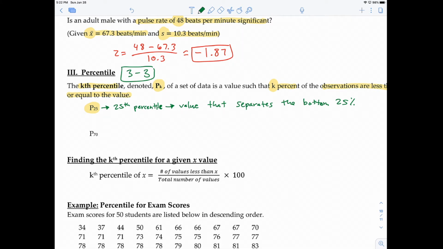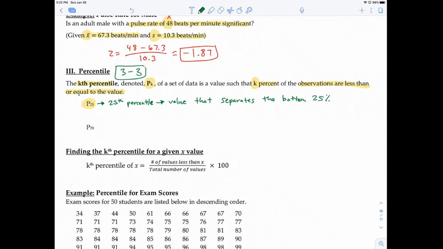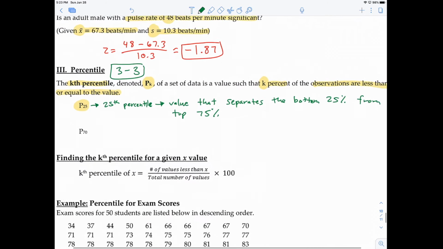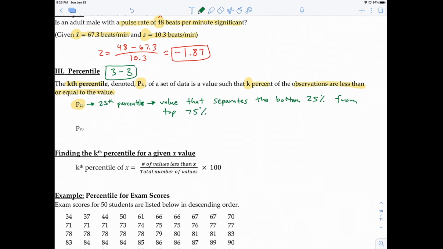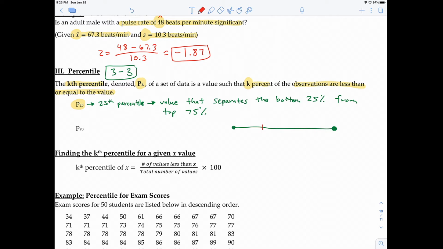If it separates the bottom 25%, then it separates it from the top 75%. That's one way to interpret it as well. Say the data set is arranged from least to greatest. p sub 25 would be a value around here, and it separates the bottom 25% from the top 75%.